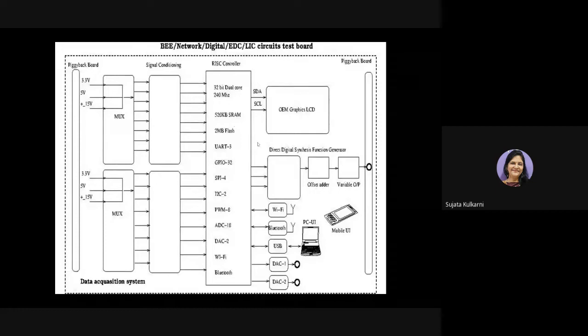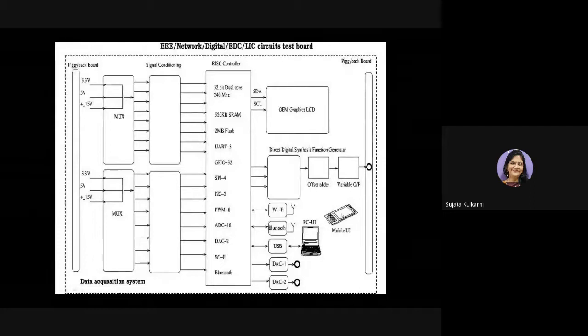So this system has two parts, what is called the baseboard and the piggyback board. As you can see, on the left side and right side, you need to provide some connectors where the piggyback board is attached or sitting on the baseboard.